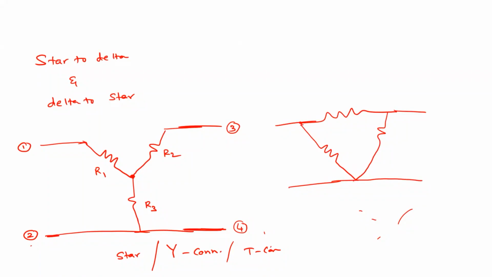A delta connection, sir. It's a delta connection, right? So it is known as delta connection. Say it is also 1, 2 here, 3 here, and 4. Say these values are RA here, RB here, and RC, for example.